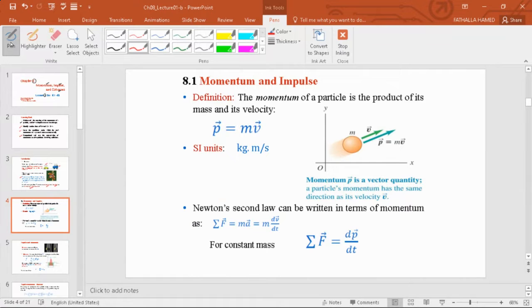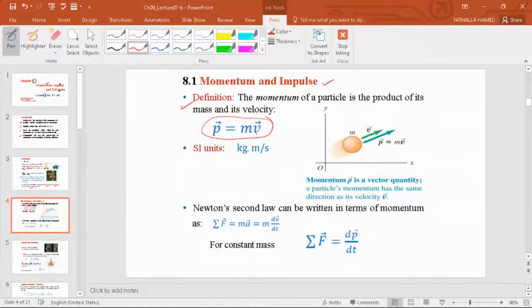Now, what is our definition for momentum and impulse? The momentum of a particle is the product of its mass and its velocity. So by definition, we're going to use the symbol P for momentum, and it is the product of mass and velocity.